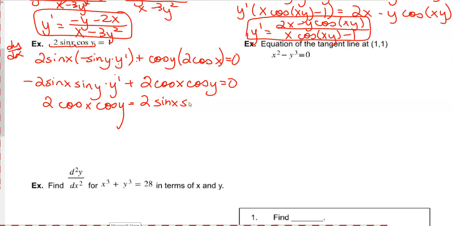And these are nice because they're all multiplied together. So when I need to get y prime by itself, which is right here, I'm going to divide by 2 sine of x, sine of y. And I'm going to divide on the left side by 2 sine of x, sine of y as well.